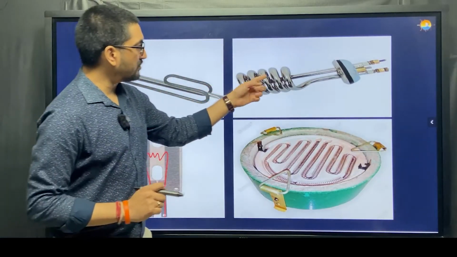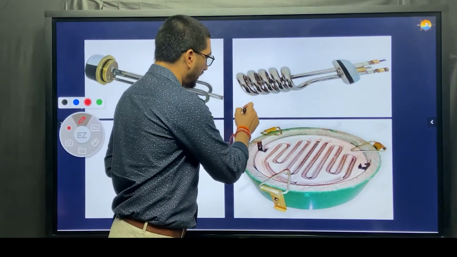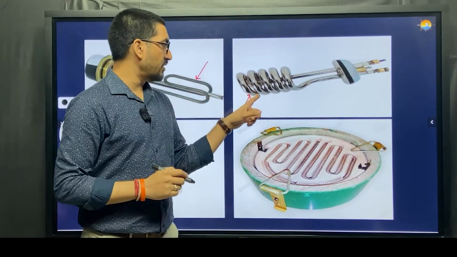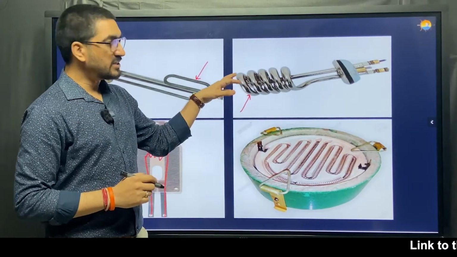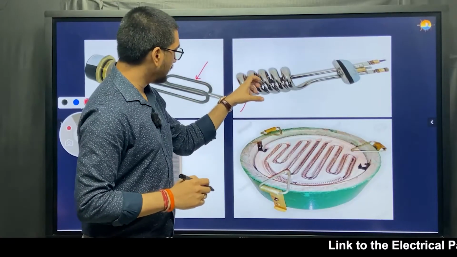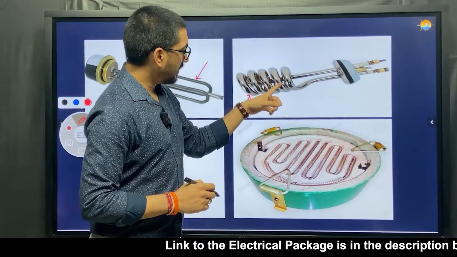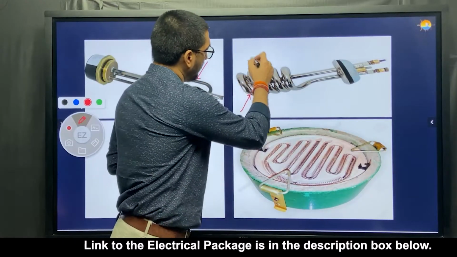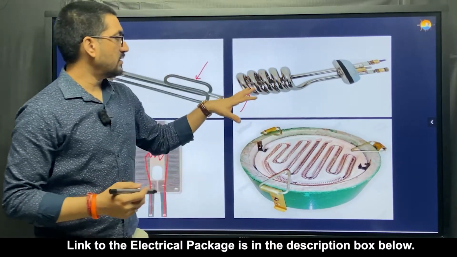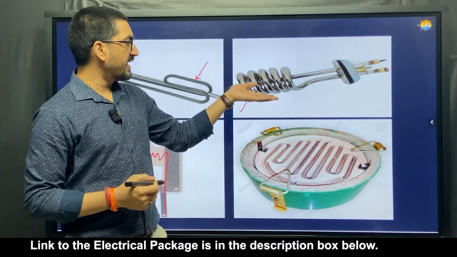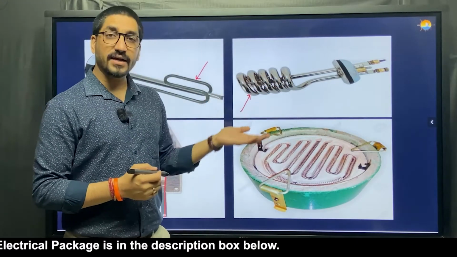Only one thing that you need to know is that what you see here and here is not the element actually. The element is inside. That is protected in this sheathing. Same is the case here. If it is heating water, then just to be on the safer side, this element is not directly touching the water.